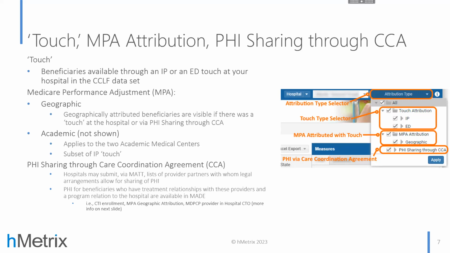That's under the auspices of the MPA, where hospitals are responsible for populations now just in their geographic areas, where they might not necessarily have had a hospital touch, but are in the community and interacting with providers associated with the hospital, such that PHI access might be warranted. We'll go into a bit more detail on what that looks like operationally on the next slide.